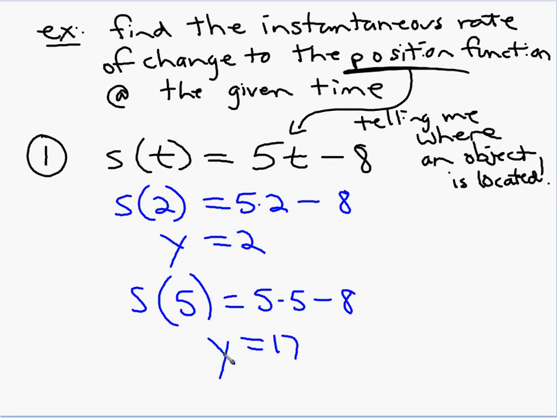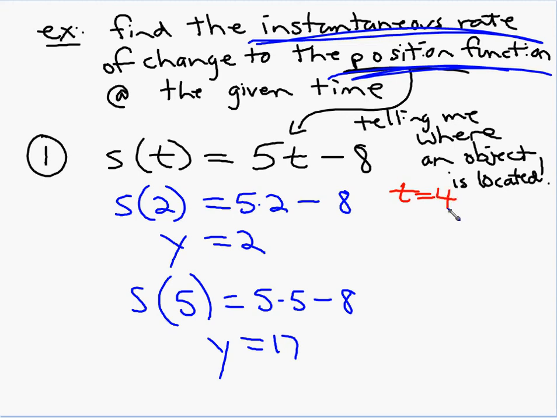But that's not what this question is asking. I'm just helping you understand this idea of a position function that tells me where I'm at. Now, yeah, if I'm asked to find the instantaneous rate of change to the position function at the given time, and I didn't give you a time yet, let's say that they tell you at time 4.